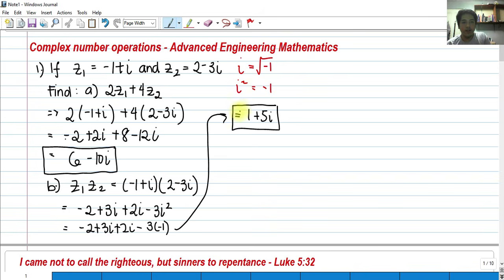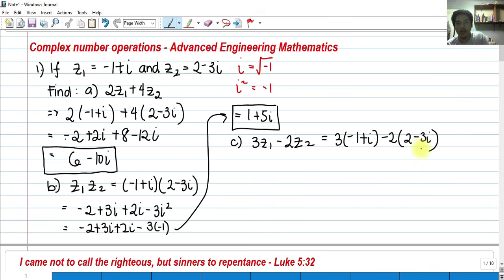So let's try another one for letter C. For our problem here, we have 3z sub 1 minus 2z sub 2. So how are we going to do this? 3 times -1 plus I, minus 2 times z sub 2, which is 2 minus 3i. Again, we should distribute this. We have -3 plus 3i.